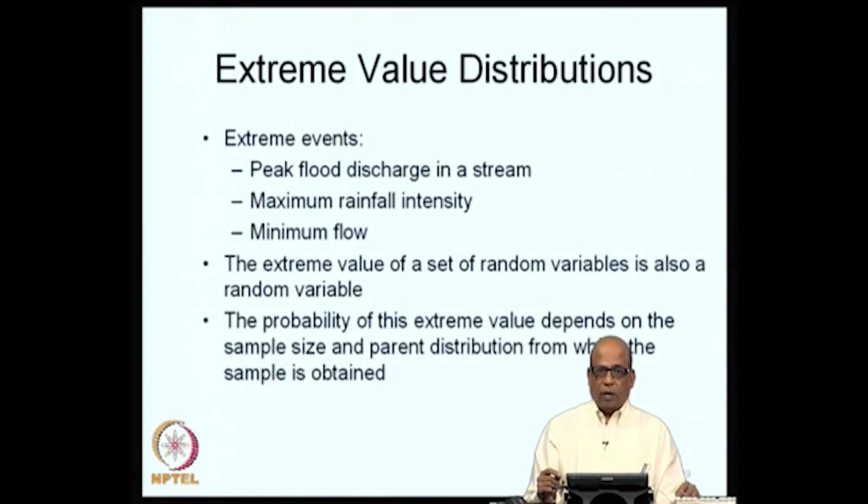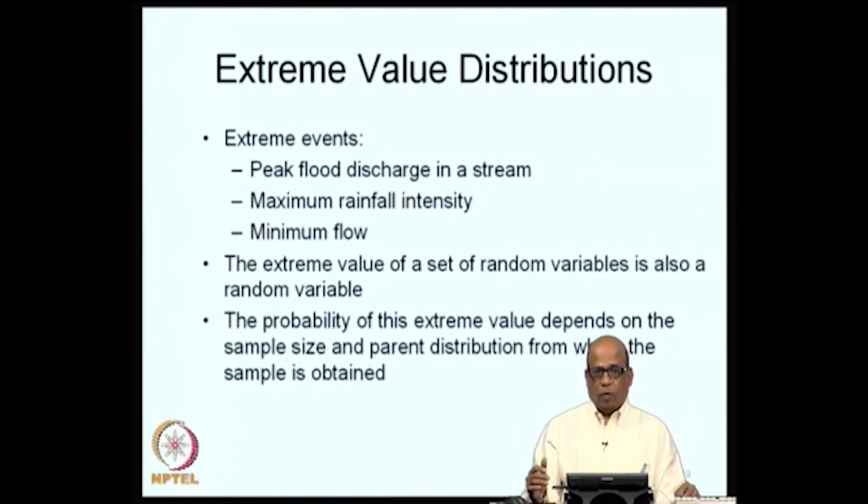But we would be interested in the maximum rainfall during a certain period, the peak flow in the stream occurring in a month or in a day, and so on, or the minimum flow that occurs in a particular stream in a year.